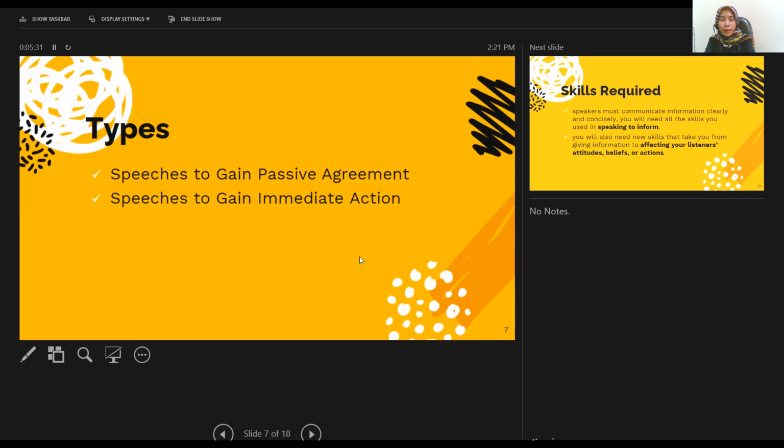Contohnya, kalau yang ini adalah we have to ban smoking. Nah, saat itu orang-orang yang mendengarkan speech kalian, after hearing your speech, they immediately stop to smoke. Jadi berhenti ngerokoknya, gitu.